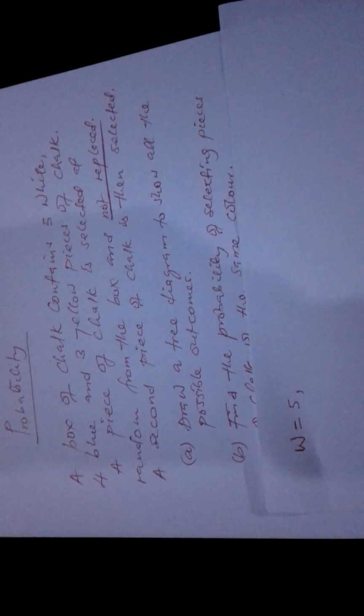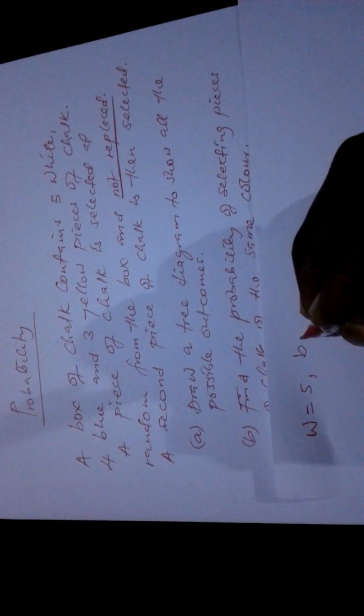As the sentence says, we had 4 blue, so we have blue pieces of chalk, which were equal to 4, and we had in this box of chalk yellow pieces represented by the letter Y, and they were in total 3.